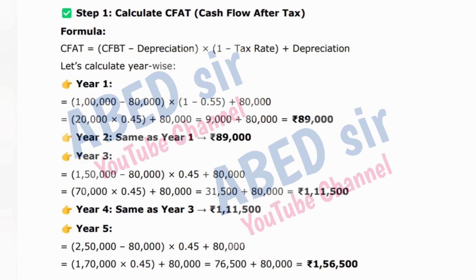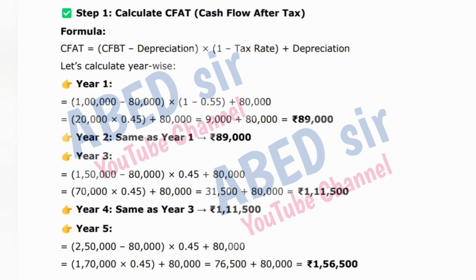Year 3 is equal to (1,50,000 minus 80,000) times 0.45 plus 80,000 is equal to 70,000 times 0.45 plus 80,000 is equal to 31,500 plus 80,000 is equal to 1,11,500 rupees. Year 4, same as year 3, 1,11,500 rupees.